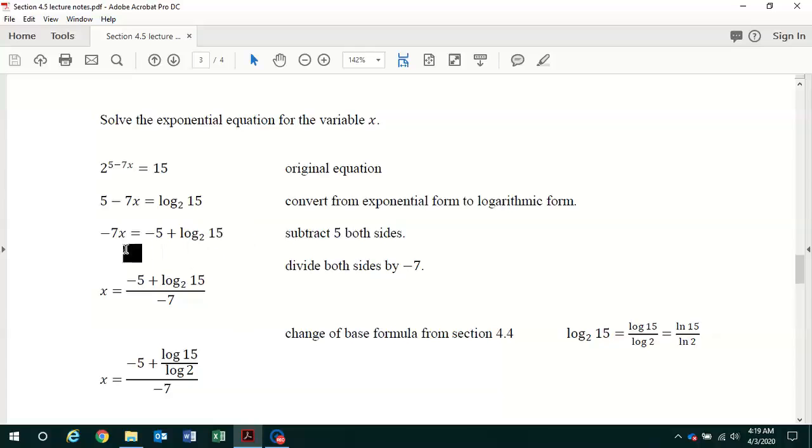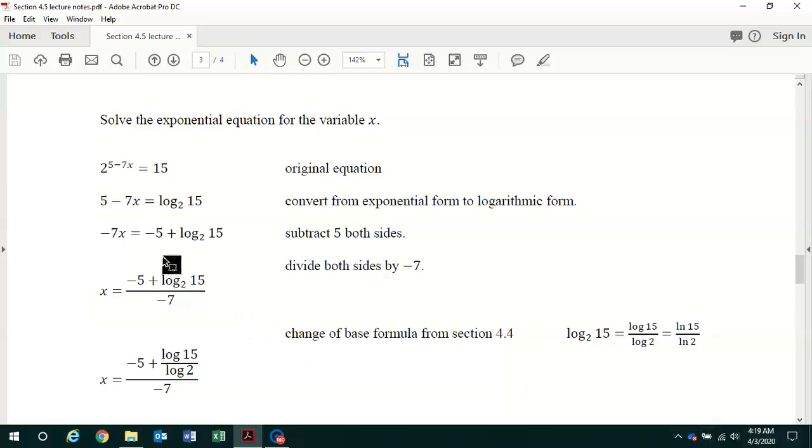So whatever I add or subtract from both sides, I often like to put it in front of the logarithm, so I don't end up subtracting 5 from 15. So minus 7x is equal to minus 5 plus log base 2 of 15, and now we divide both sides by negative 7, and we get x is equal to negative 5 plus log base 2 of 15, all divided by 7.